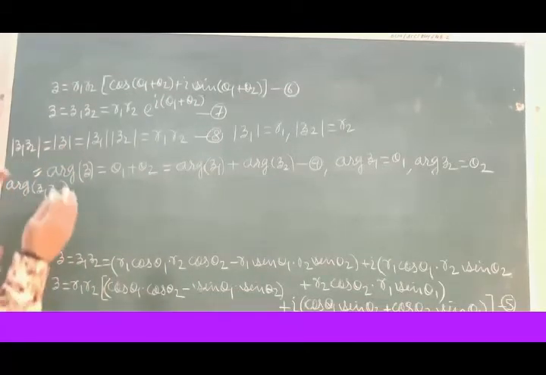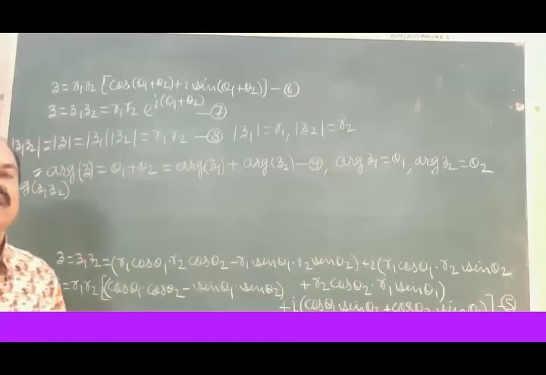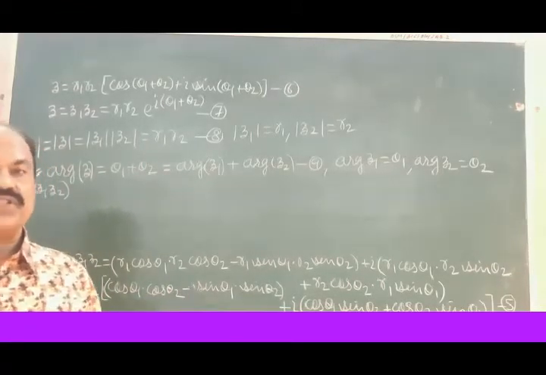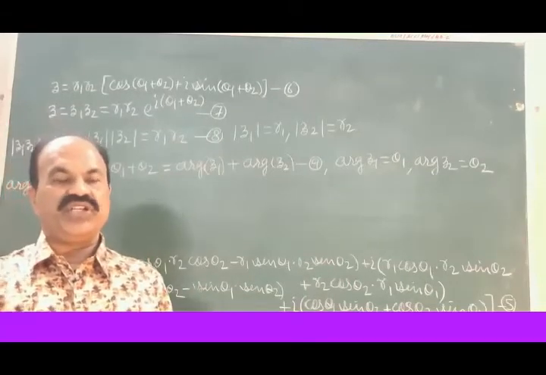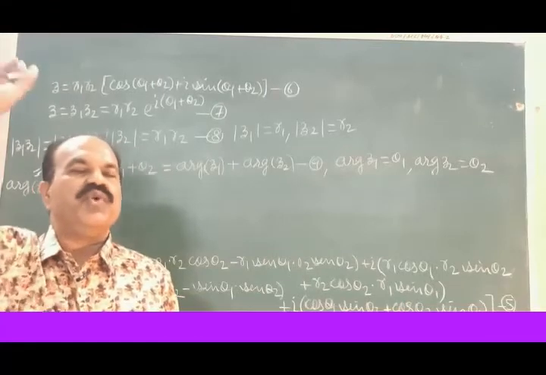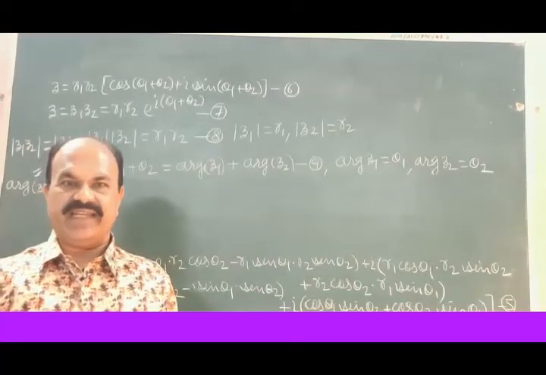Let us suppose that instead of two complex numbers Z1 and Z2, you are given n complex numbers Z1, Z2, Z3, Z4, Z5, Z6, Z7 and so on up to Zn.